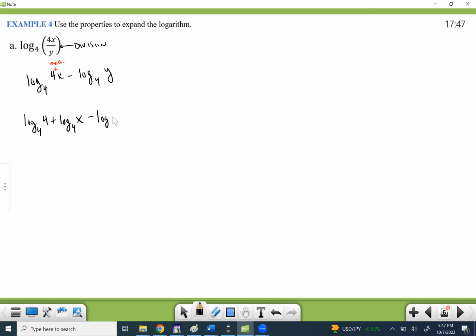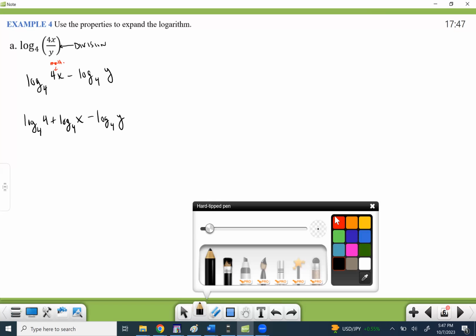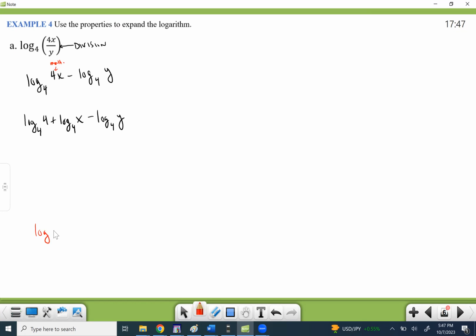And we'll just bring down everything else unchanged. Now you're still supposed to simplify if possible. That's just like an always with this, okay? And you might remember in the last homework that whenever the base matches the argument, then it's going to become a 1.